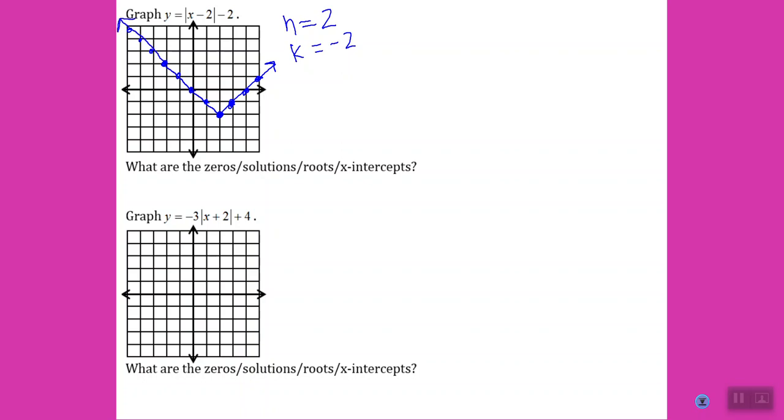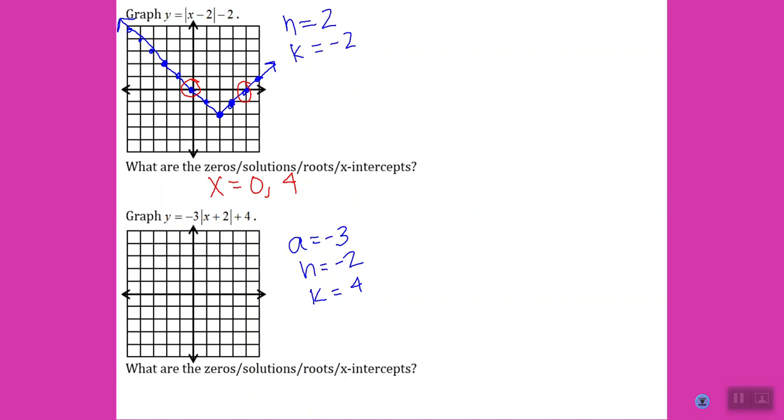So what are the zeros, solution, roots, or x-intercepts? They're here and here, so we would know that x equals 0 and x equals 4. For our second graph, a would be -3, h would be -2, k would be 4.